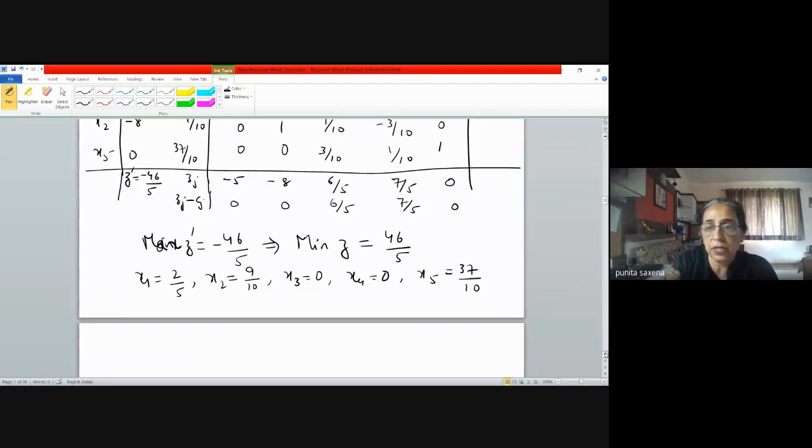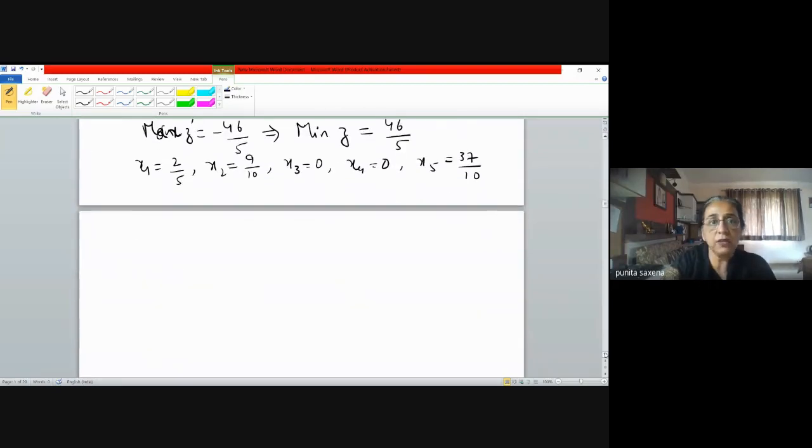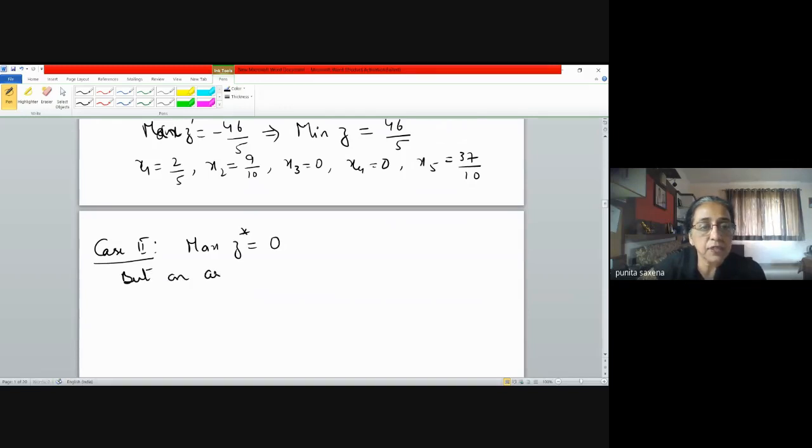The other case where phase 1 could have ended is when your maximum Z star is 0, but an artificial variable is still present in the basis. We could have ended that way also, right?